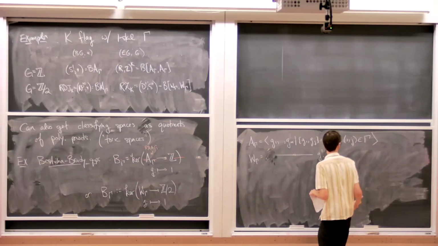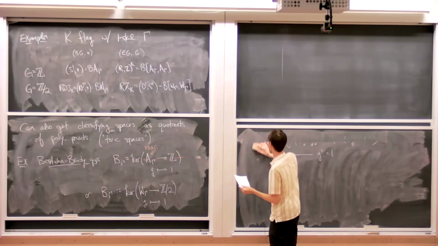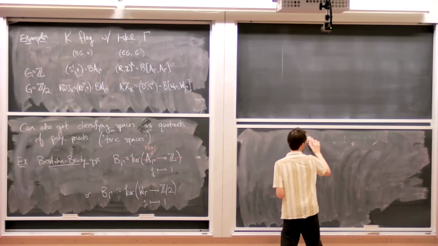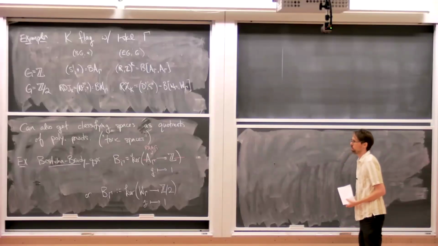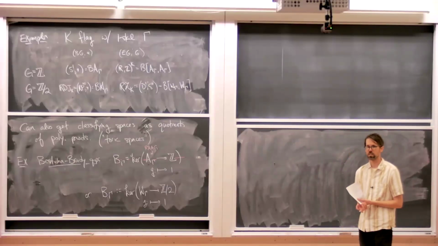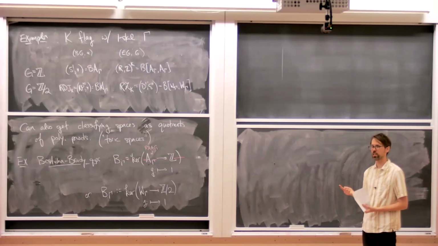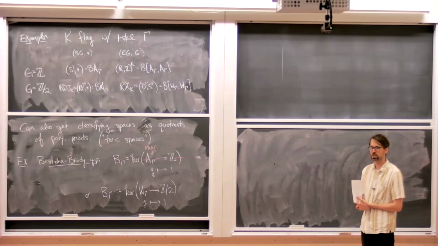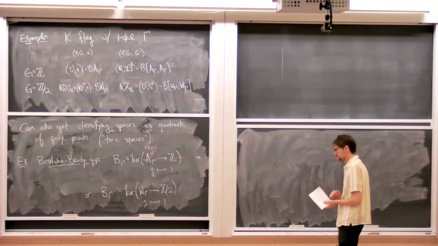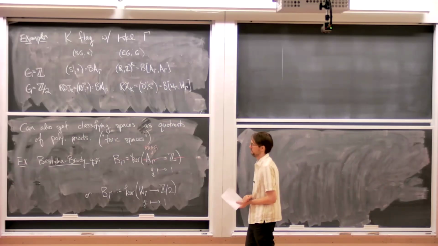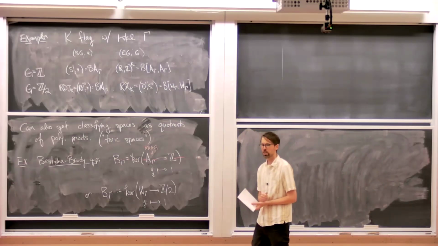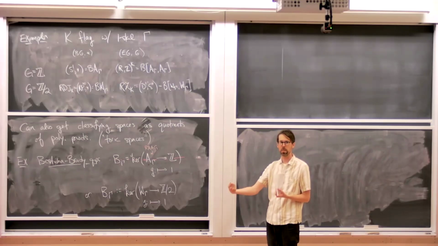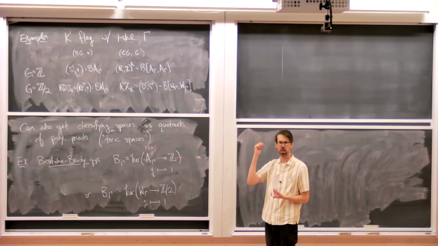So these are some sort of famous groups. Bestvina and Brady introduced them and used them to prove that one of two very famous conjectures is false: the Eilenberg-Ganea conjecture or the Whitehead conjecture. Both of these deal with aspherical spaces of dimension 2. I think Eilenberg-Ganea is the one that says the cohomological dimension of a group should equal its geometric dimension. So this is known in all higher dimensions.